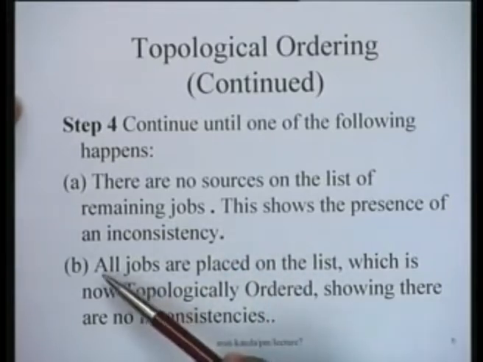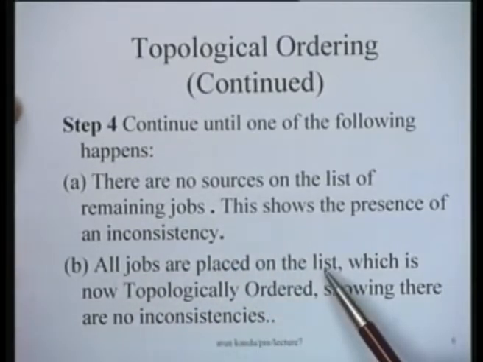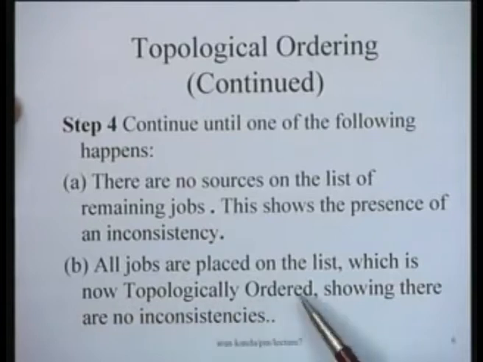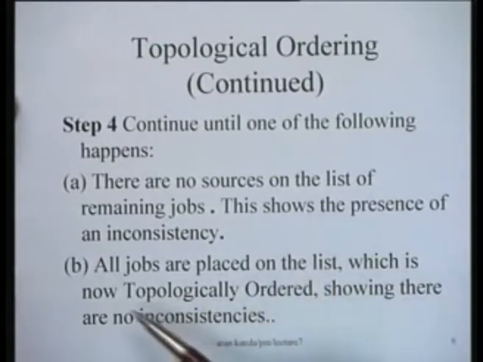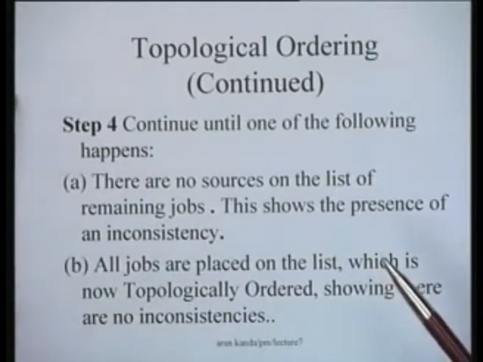On the other hand, if all the jobs are placed on the list, which are now topologically ordered, there are no inconsistencies. So, if there are no jobs remaining, you are able to place all the jobs on the list. It clearly shows that you have been able to topologically order these various jobs.